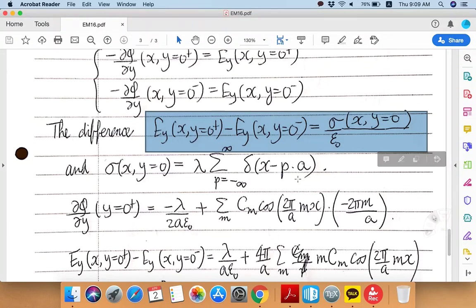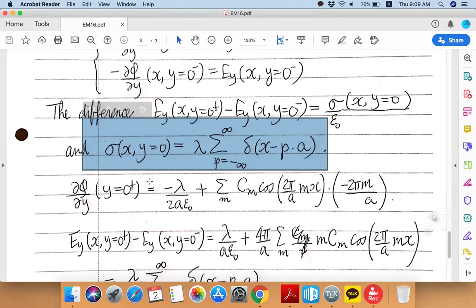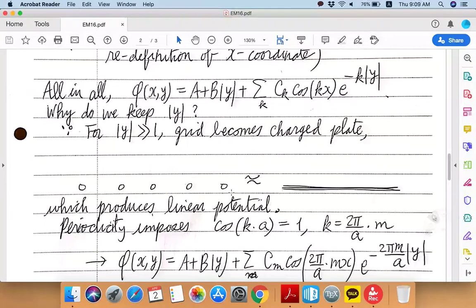Only the difference now is that this charge density is not some constant thing, but it's a series of delta functions. Because remember, this is still not a smooth charge distribution. The charges are localized strictly inside this dot.